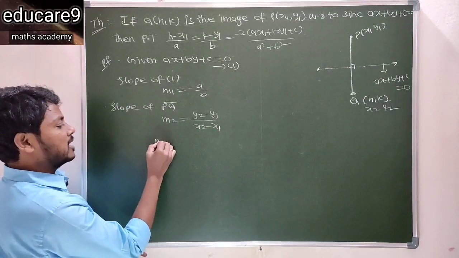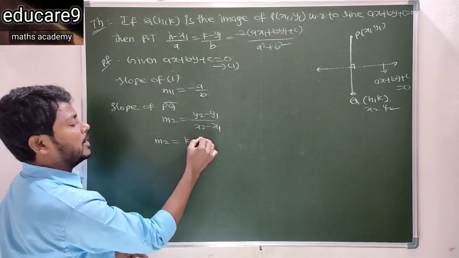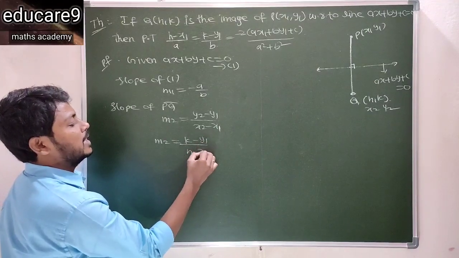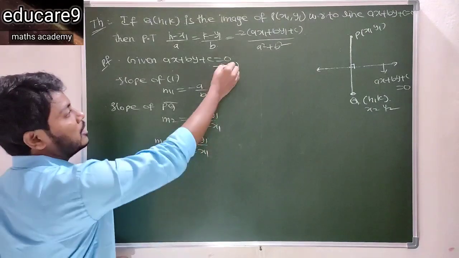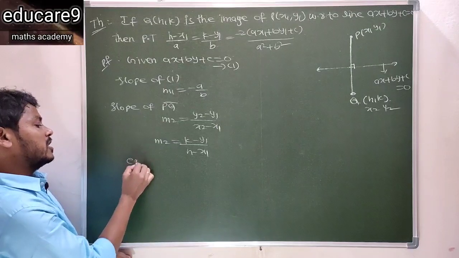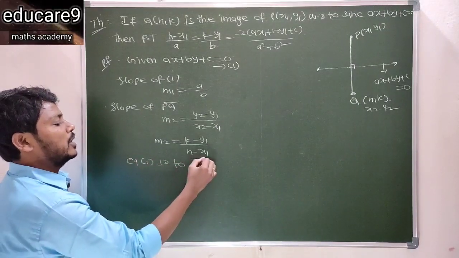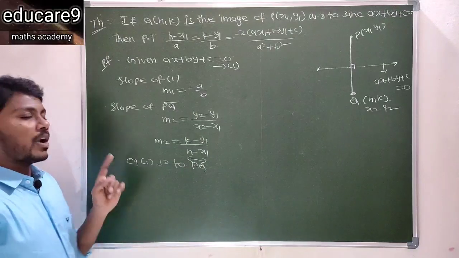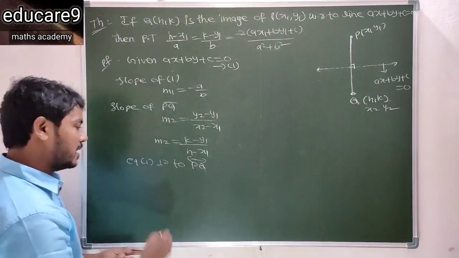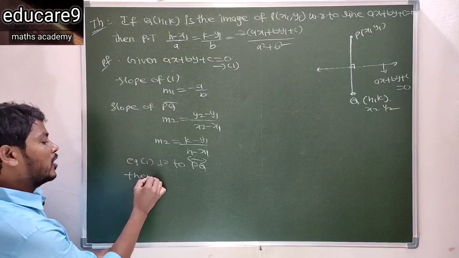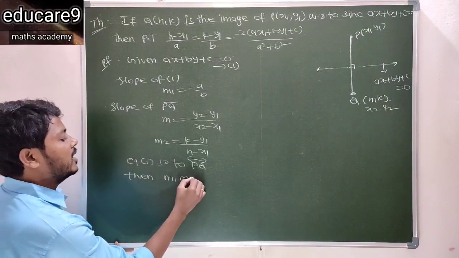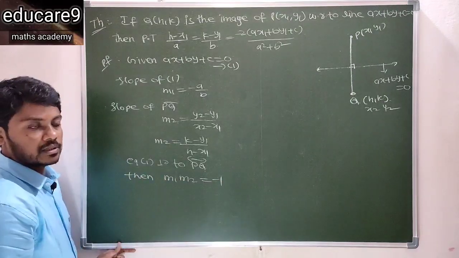So clearly what is that? m2 is equal to (k minus y1) by (h minus x1). So now here equation 1 is perpendicular to the PQ line. Okay. So if two lines are perpendicular, then the product of the slopes, that is m1 m2, is equal to what? Minus 1.